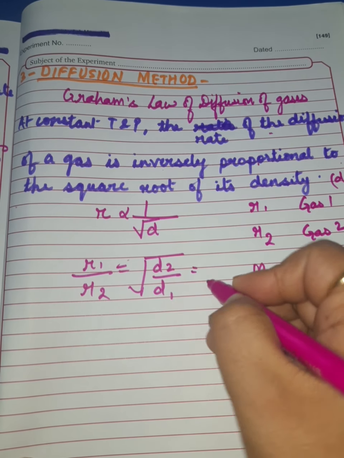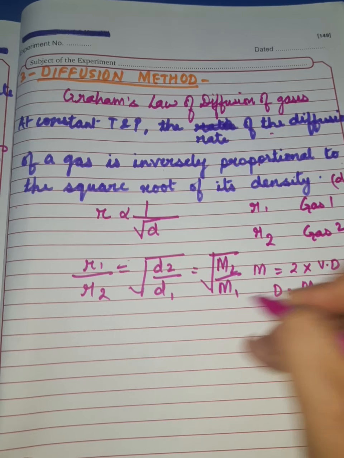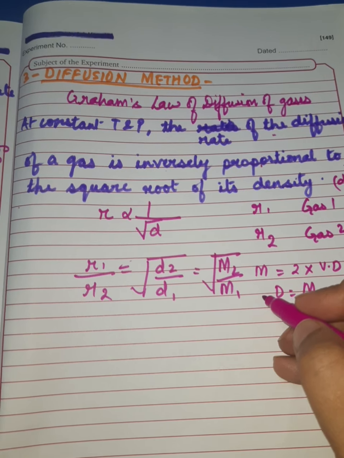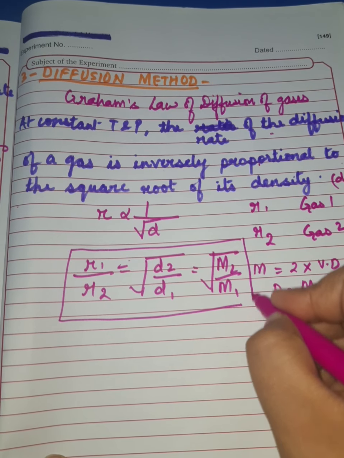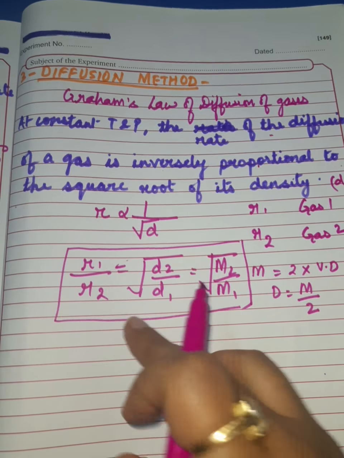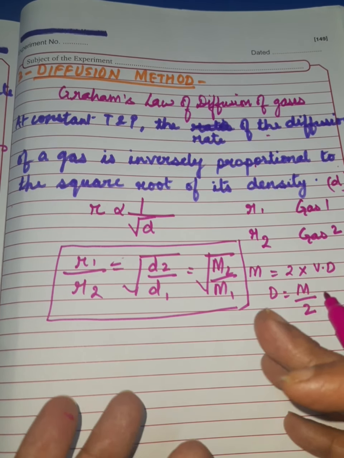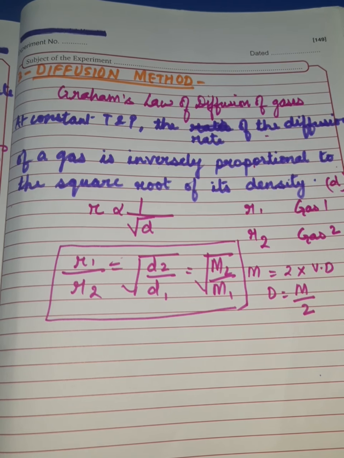We can write it is equal to square root of M2 upon M1, because 2 will be cancelled out. So this way we get the formula for the diffusion method. So if we know the rates of diffusion of two gases, or of any one gas, we can calculate its molecular mass using this particular method.